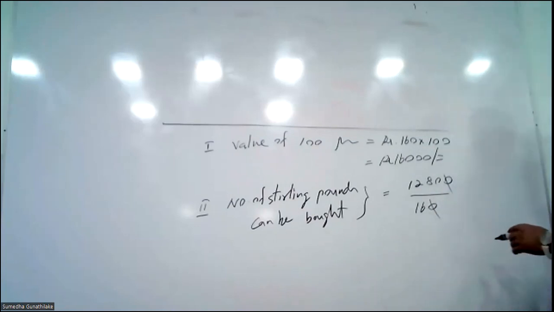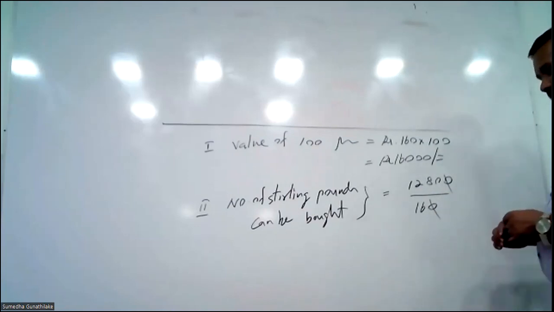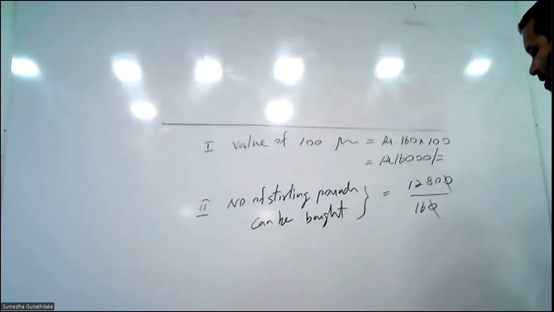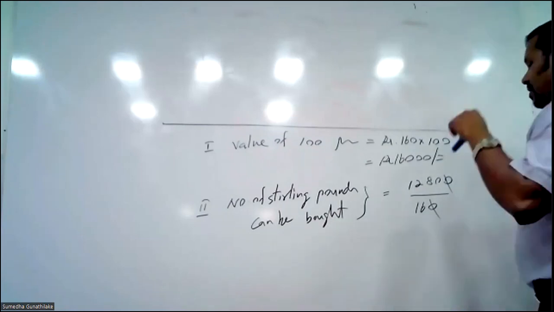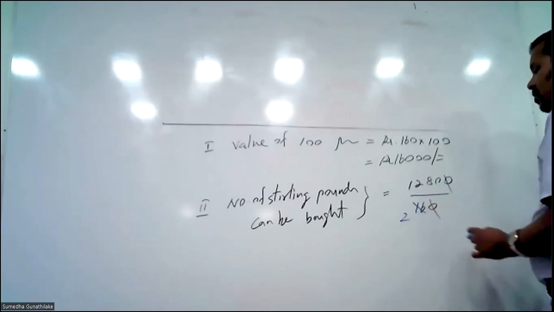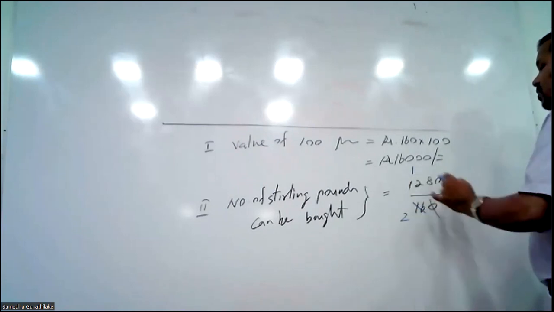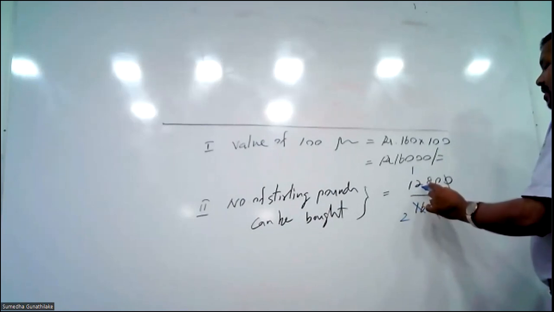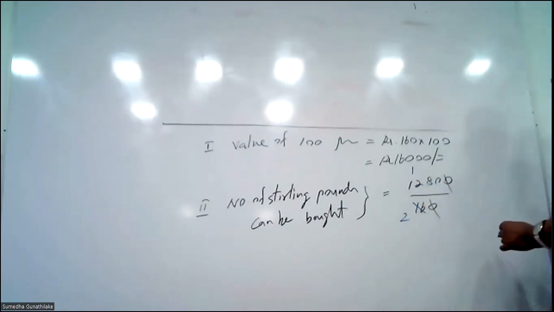Then 0, 0 cancel. We'll divide it by 8. 8 times 2, 16; 8 times 1, 8. And 4 remains. 48, 6.